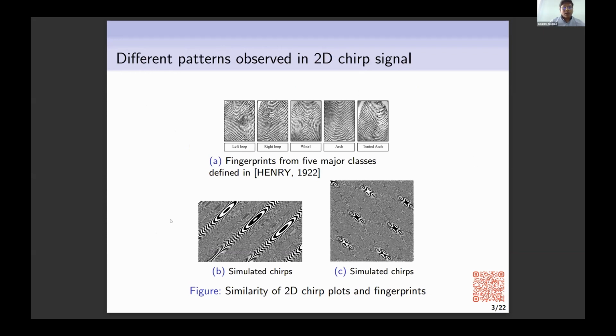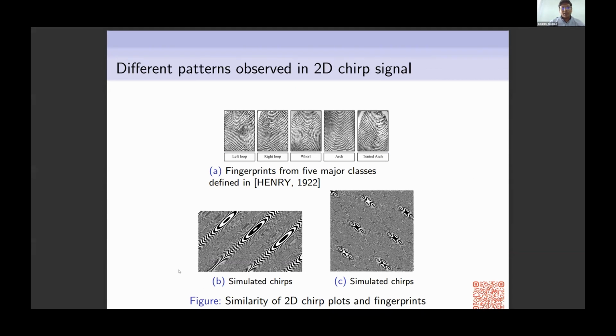Since it is a two-dimensional chirp model, we can have a data matrix for a given sample size, and then we can create an image plot suitably in R software or any other. We get these generated patterns in subfigures B and C. You can see the resemblance of these patterns with fingerprints.